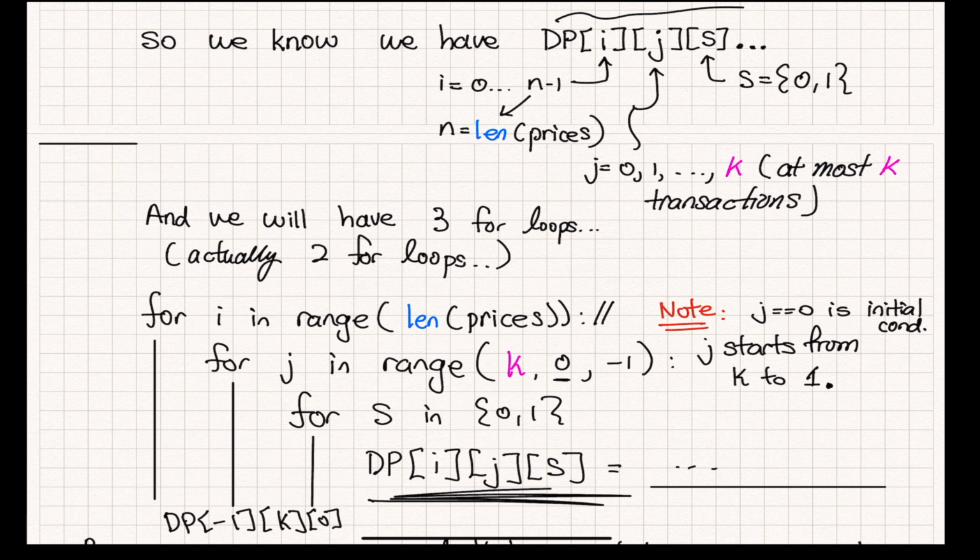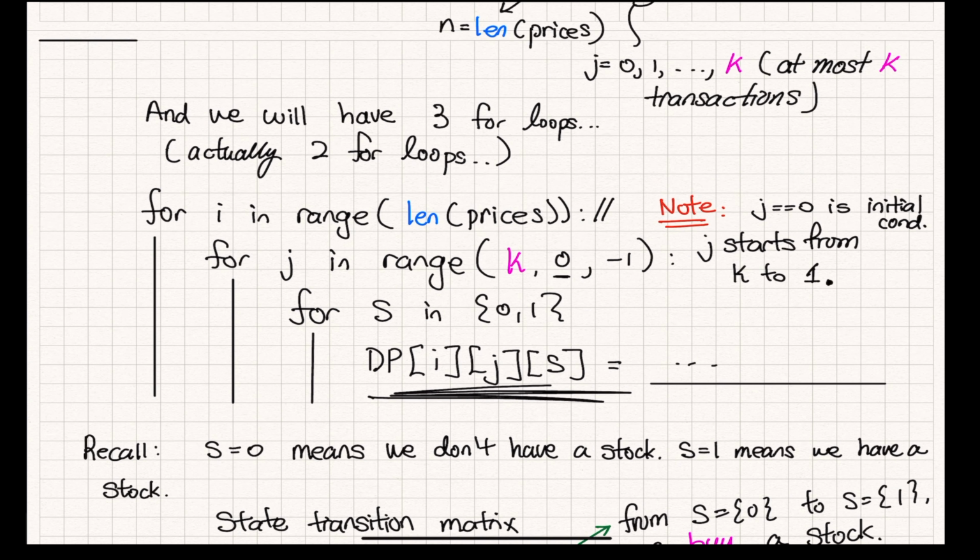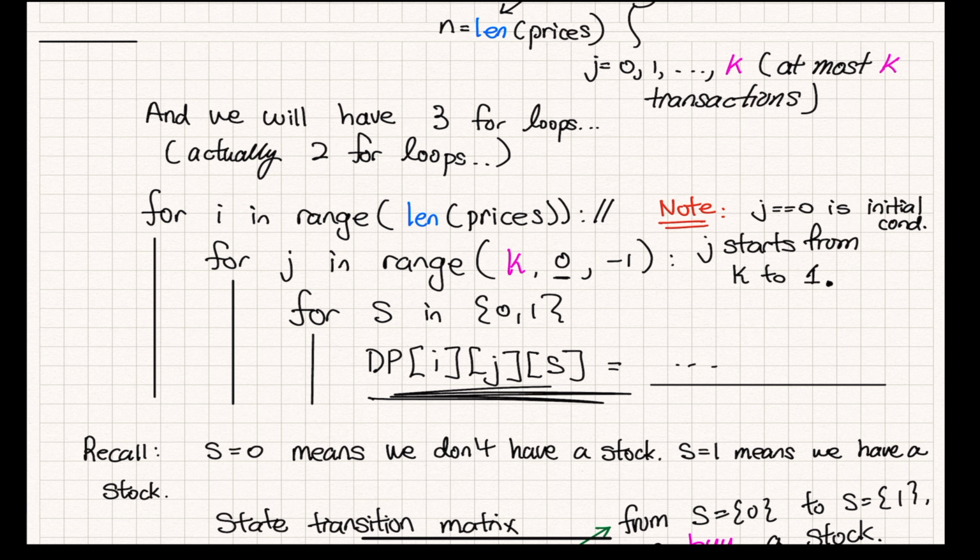Okay, so forget about this for now. Recall that s equals 0 means we don't have a stock. s equals 1 means we have a stock. So that's something that you have to keep in mind. If you have taken, say, Markov process in a probability class, we have a transition matrix. I think that may be helpful in understanding what's going on here.